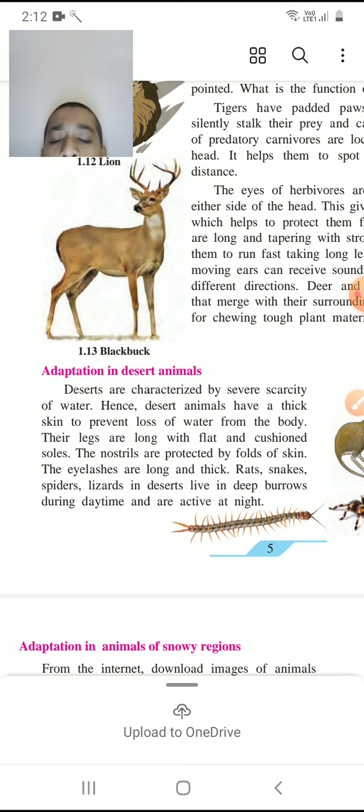The nostrils are protected by folds of skin. The eyelashes are long and thick. Rats, snakes, spiders, lizards in deserts live in deep burrows during daytime and are active at night.